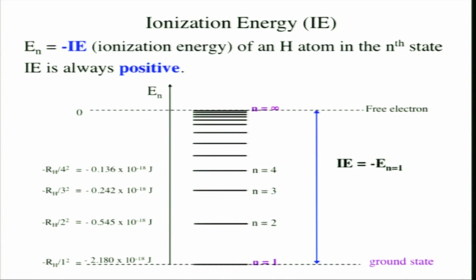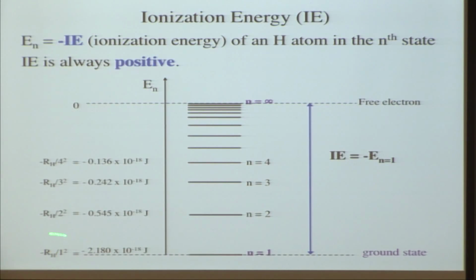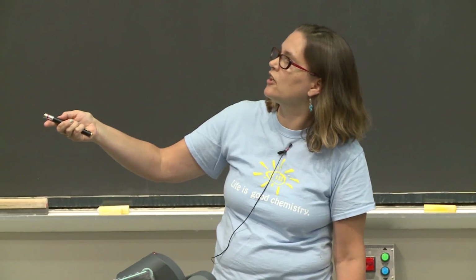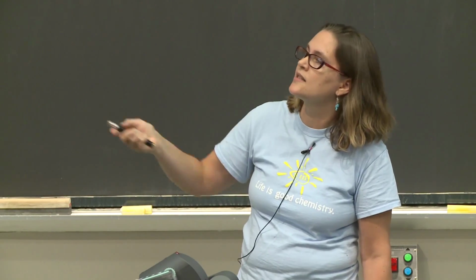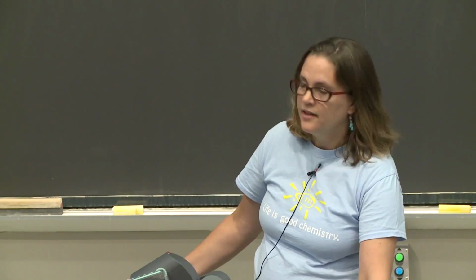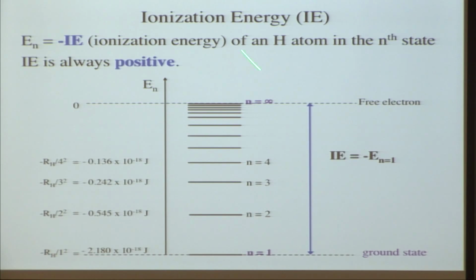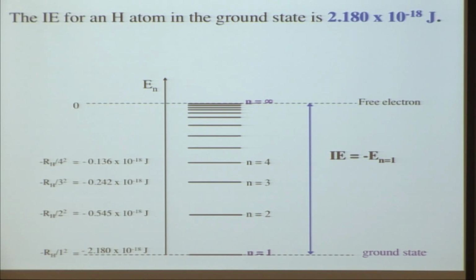So the difference from this state where energy is 0 to the ground state down here, the energy needed to ionize an electron that's in n equals 1, is going to be equal to minus the binding energy of that electron in that n equals 1 state. It's not too hard if you know this information and this equation to figure out what the ionization energy is. That's just going to be the positive value of the binding energy.